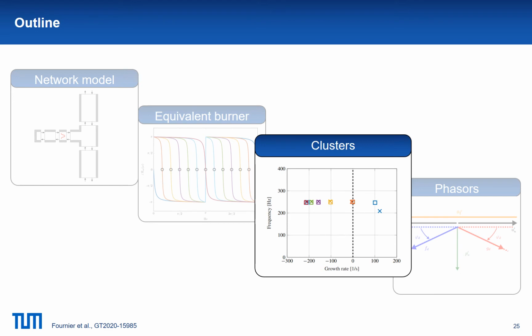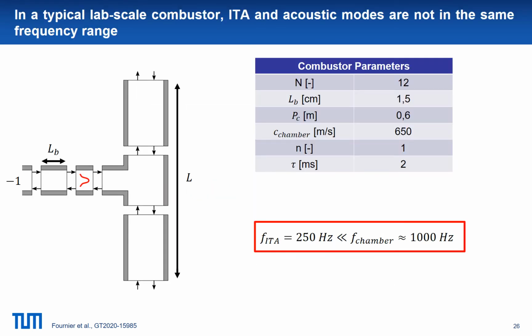Now we will have a few considerations on the clusters. In a typical lab-scale combustor, the ITA and the acoustic modes are not in the same frequency range. We consider this combustor with 12 burners. The length of the burner tubes is of the order of magnitude of 1 or 2 cm, whereas the length of the chamber is 60 cm.